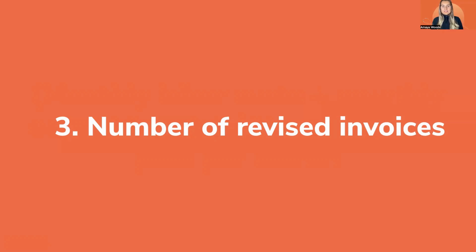A high number of revised invoices means confusion, poor customer experience, delayed payments, and inefficiency. This is an indication that you need to improve your invoicing process and ensure you're invoicing correctly.